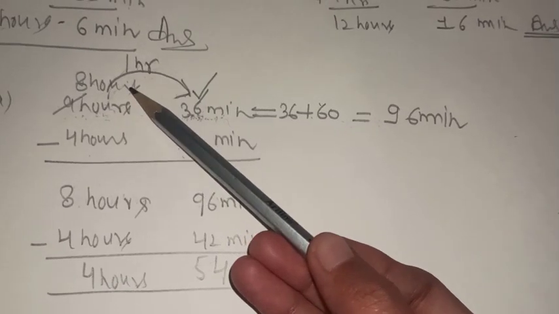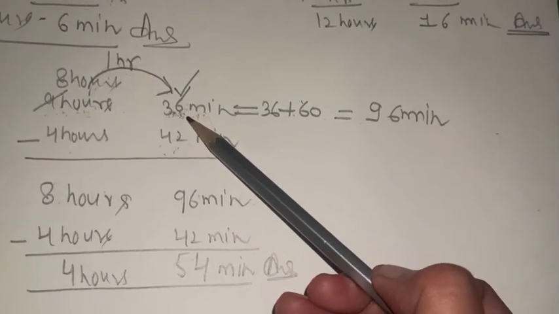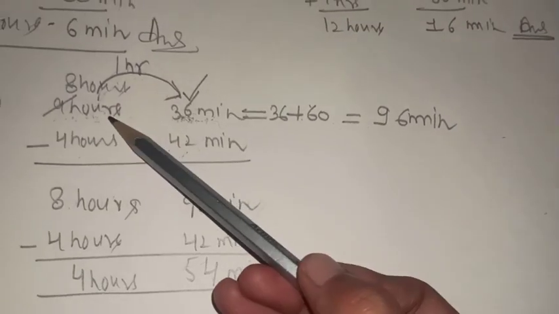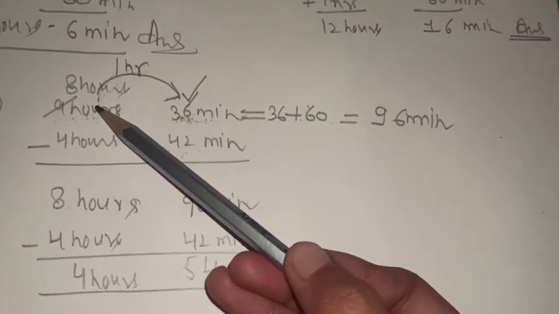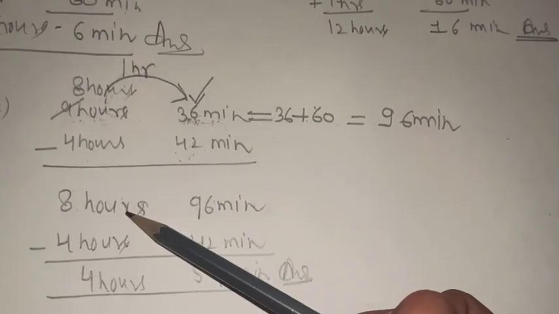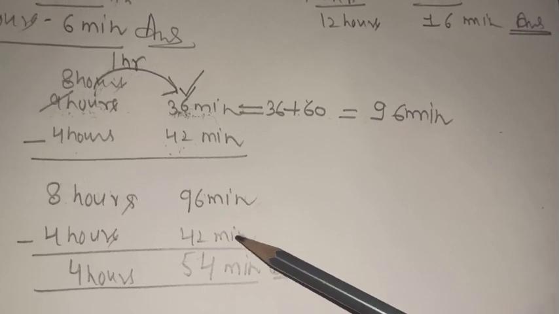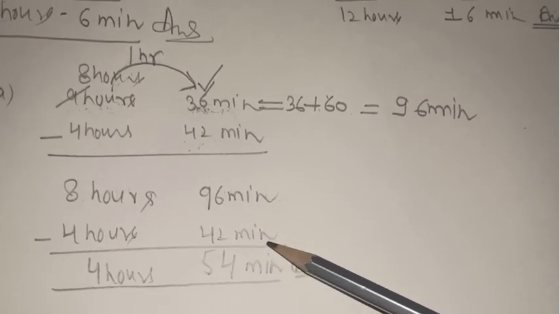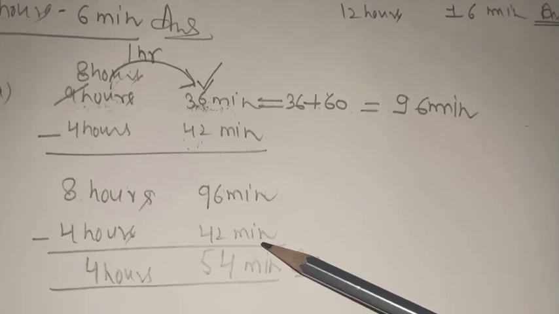It gives you 1 hour, but we will have 60 minutes. That's why 36 plus 60 became 96 and the hours remained 8 only. Because it has given a carry of 1 hour, it became 8 hours and 96 minutes, and we have done the subtraction in this way. Hope you got the question. Now the B part you will do yourself.